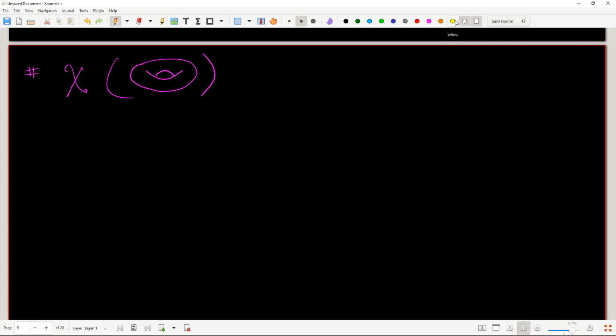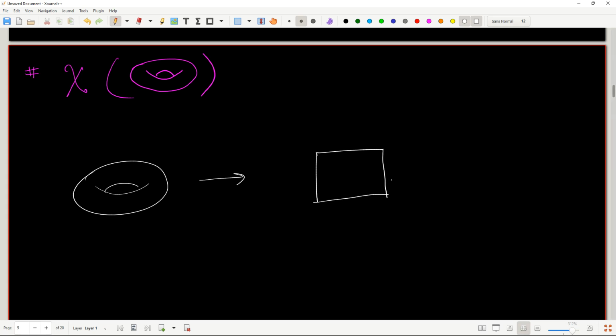So if you recall that a torus is identified with a square or a rectangle as follows, where these two arms are identified like this, and then you have another identification like this, right?